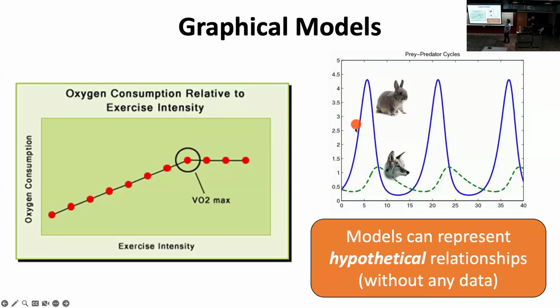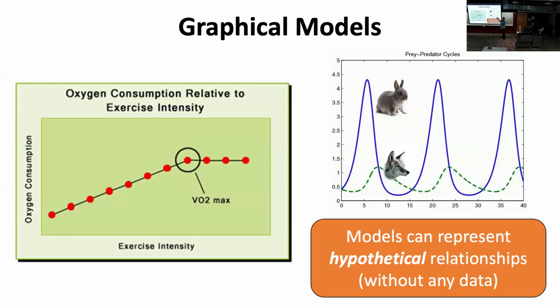Let's say the rabbits are in blue, and the wolves are in this green dashed line down here. When there's a low wolf population, you get an expansion of the rabbit population because there are no predators. At that point the wolves start eating the rabbits and grow very quickly because there are lots of rabbits, which causes the rabbits to decline, which will then eventually cause the wolves to decline, and this cycles. The graphical model communicates everything I said before, but I think it ends up doing it in a more effective way.